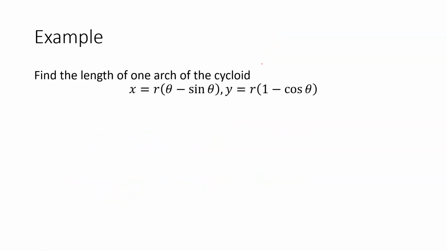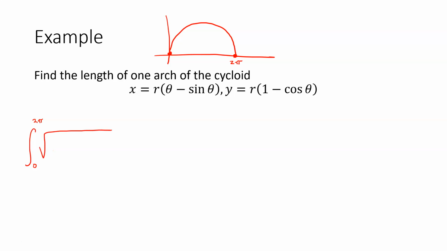How about finding the arc length of one arch of our cycloid? So again here, let's remind ourselves, one arch of the cycloid goes from 0 to 2 pi. So we'll integrate from 0 to 2 pi. And let's take x prime and y prime.